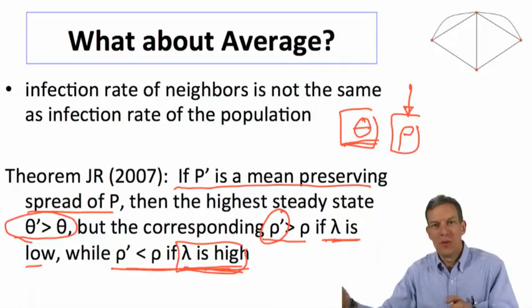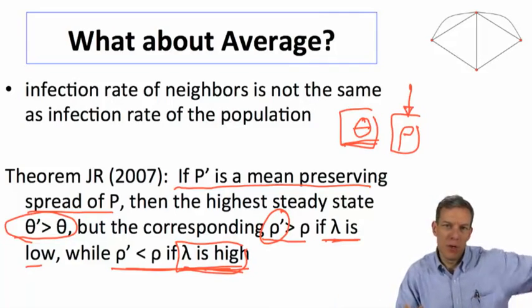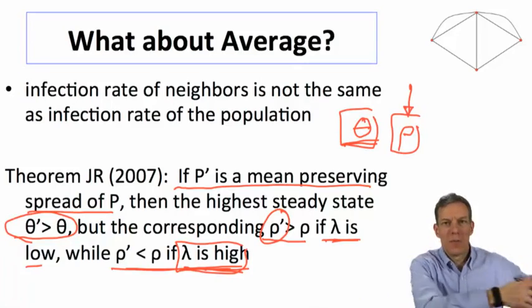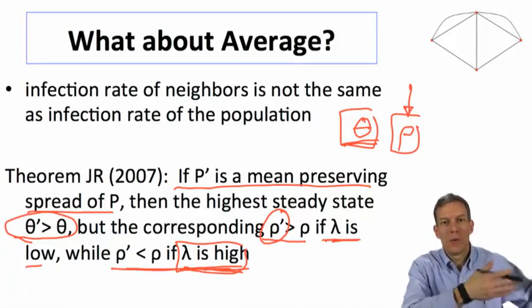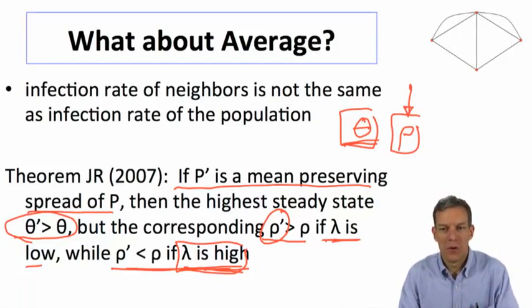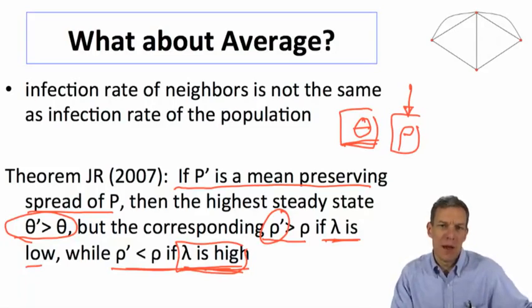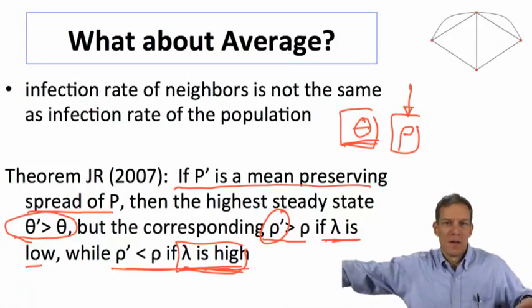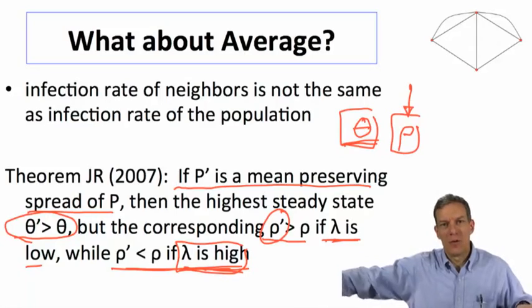And so you're not changing that much, but putting more weight on low degree nodes can actually decrease the rate. Now you've got some people who have very few interactions. Those people can actually end up being infected with lower rates. So the actual overall infection rate in the society can be balanced by the fact that you are increasing some of the higher degree nodes, but those people are already going to be infected even without this increase.